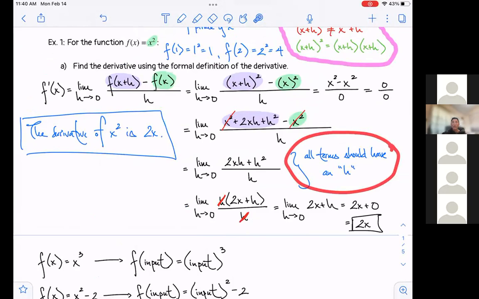If you feel like you're not getting to this point where all the terms have an h, I bet there was a sign mistake somewhere. It's the smallest mistake, and it brings us so much frustration when we miss it, right? But it's a really good reminder. Be patient with yourself. If you don't get to this stage where all the terms have an h, maybe just go back and make sure you distributed all the signs you were supposed to, okay?